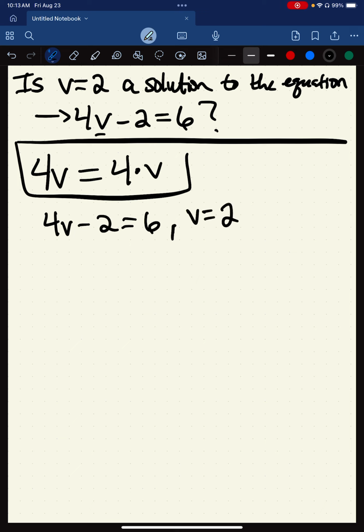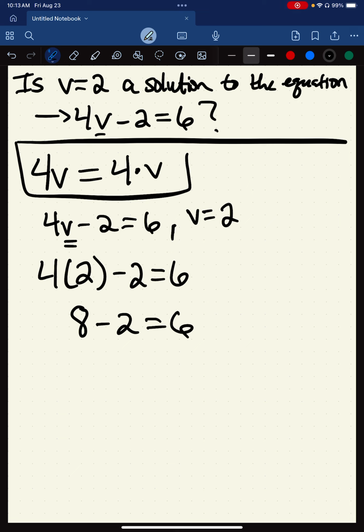So since v is 2, we can plug in 2. 4v means 4 times v, so this means 4 times 2 minus 2 equals 6. Then we solve using the regular order of operations, PEMDAS, as you've probably heard it. We do multiplication first, and then the subtraction, which gives 6 equals 6.